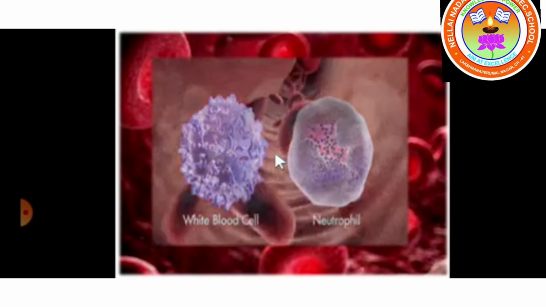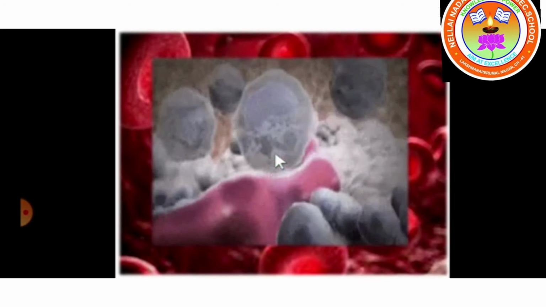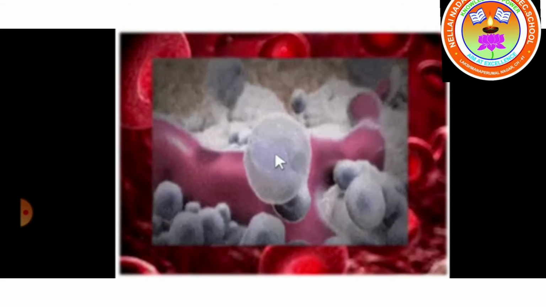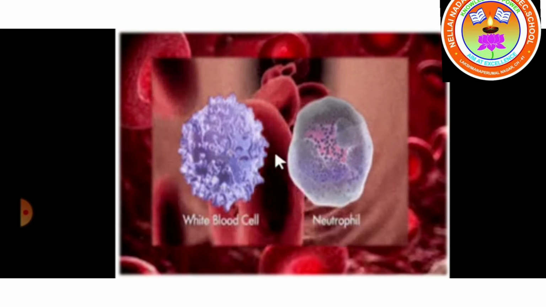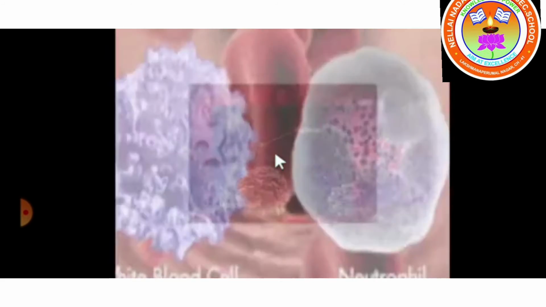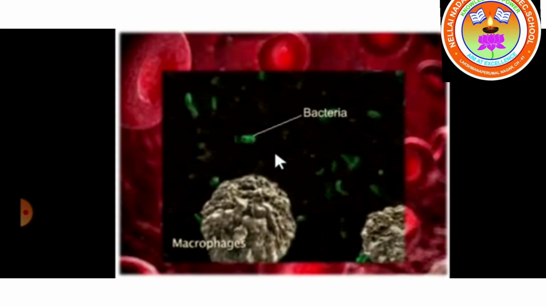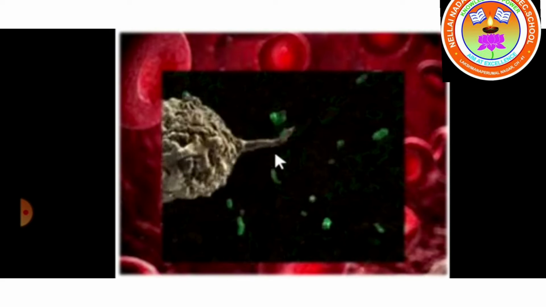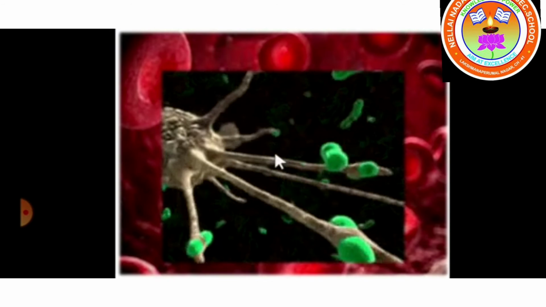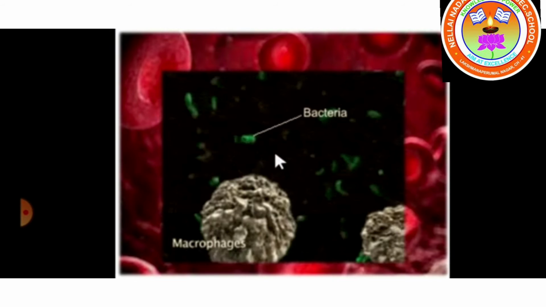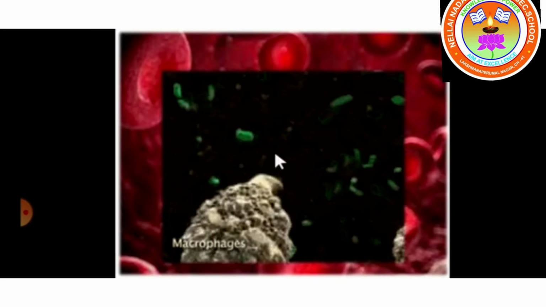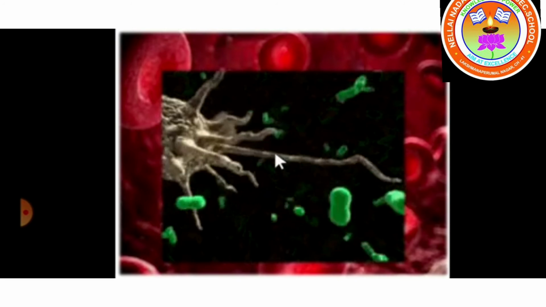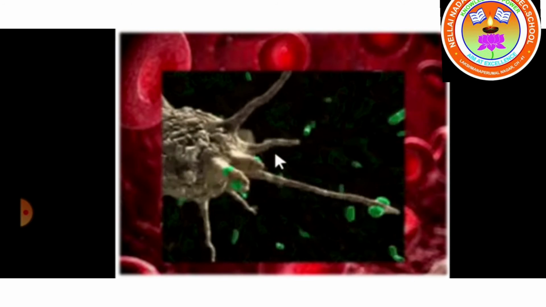In RBC, you don't have a nucleus in the mature cell, but in WBC, they have a distinct nucleus and they are colorless in nature. These WBC are capable of amoeboid movement and play an important role in the body's defense mechanism. They engulf or destroy foreign bodies.